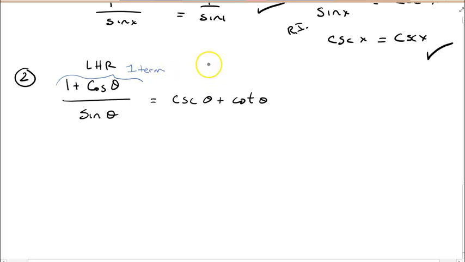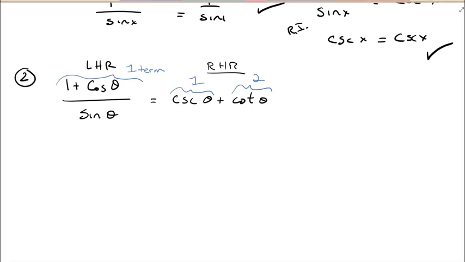But my right-hand side here is 2 terms. So you have some choices to make here. Trying to bring 2 terms on the right-hand side into 1 term, or trying to take 1 term and split it into 2. And that's what we're going to do here.